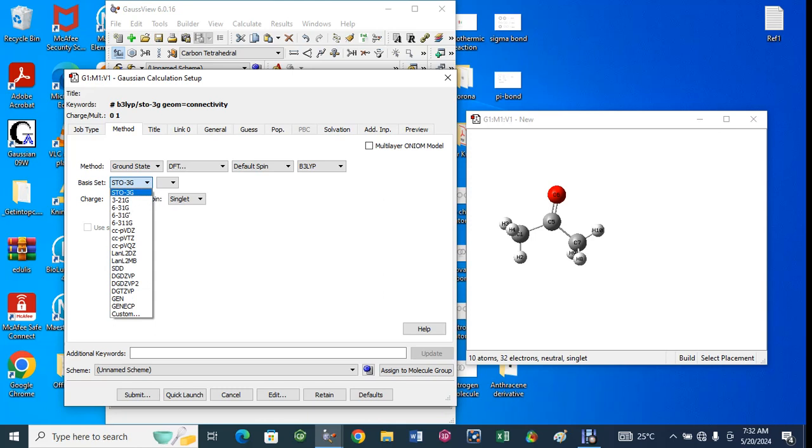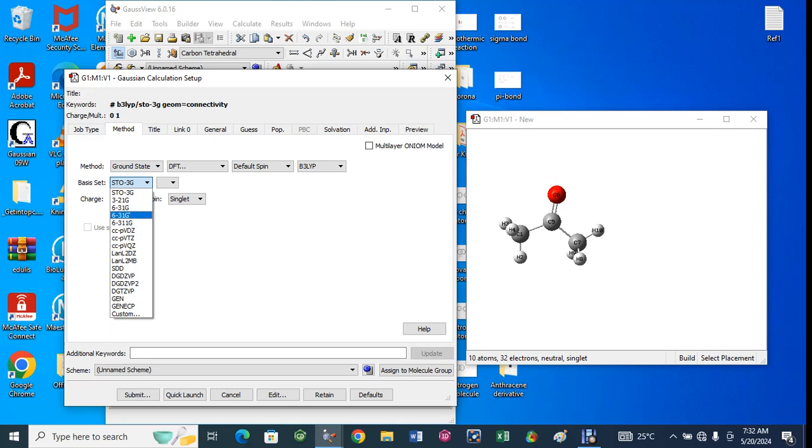So we have STO-3G. This is a Slater type orbital, and it is solved with three primitive Gaussians. That's the meaning of 3G: three primitive Gaussians. All of the other ones that we can see here are Gaussian type orbitals, GTO.